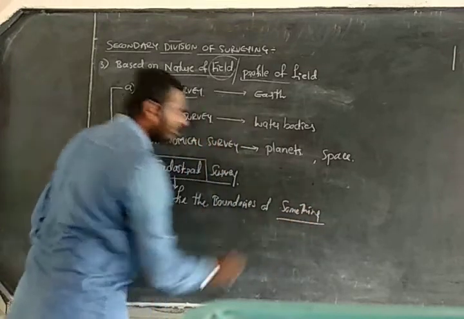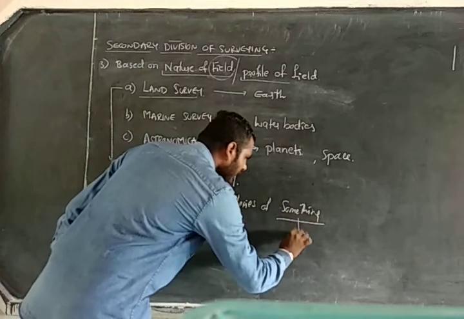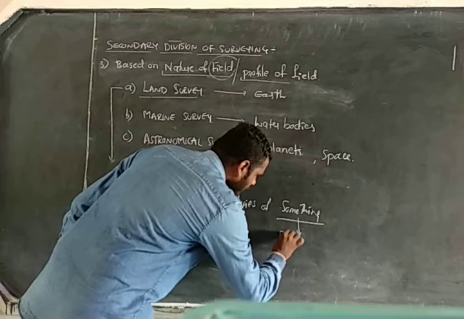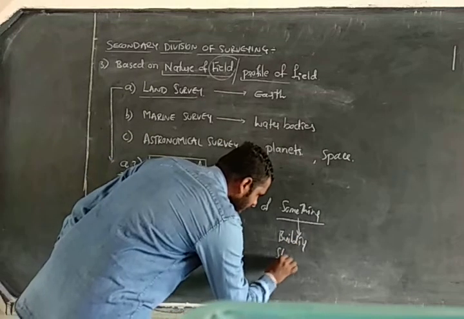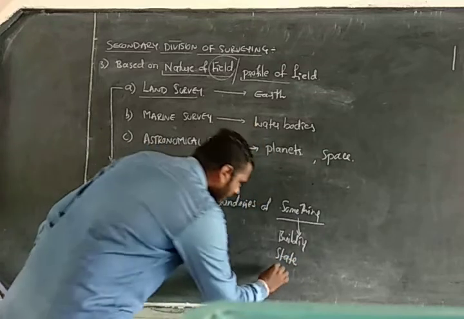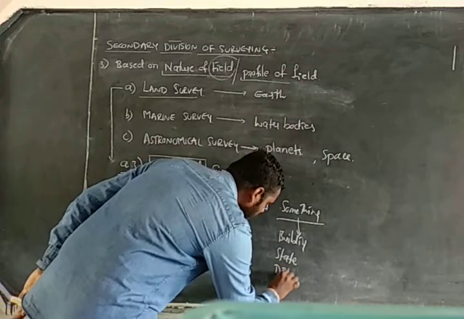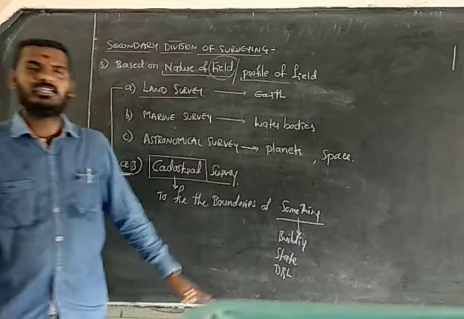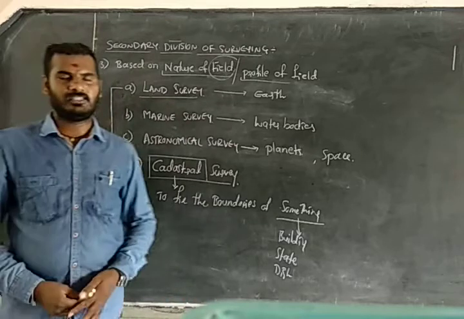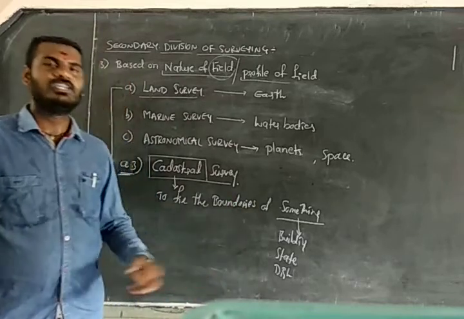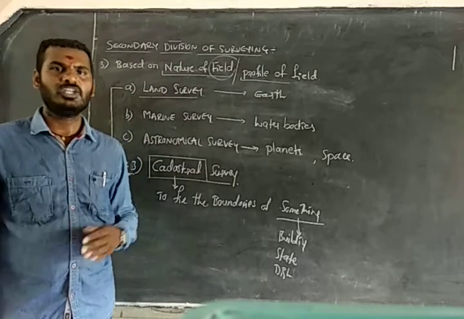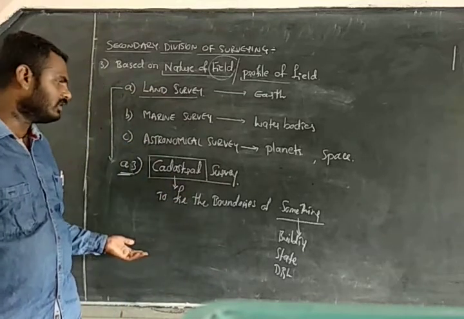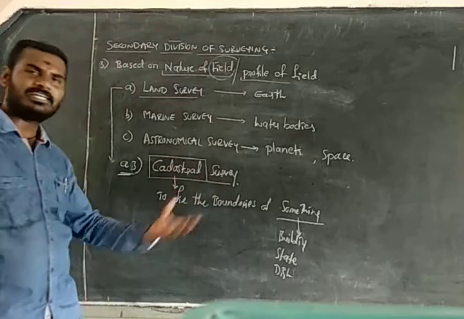Here this something may be a building, a state, a district, a mandal, a river, a pond, or anything. For fixing the boundaries of a particular plot, we can carry out one sort of survey. We call that particular survey the cadastral survey.